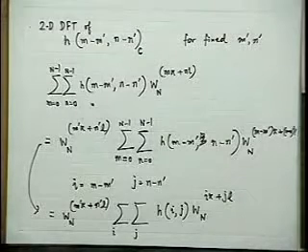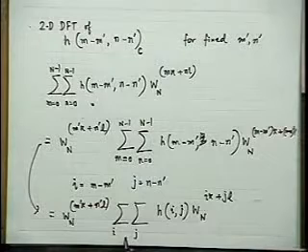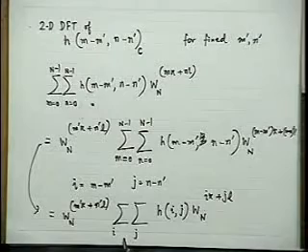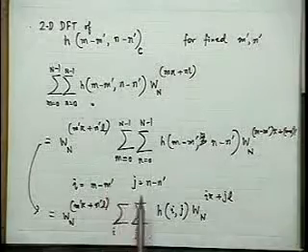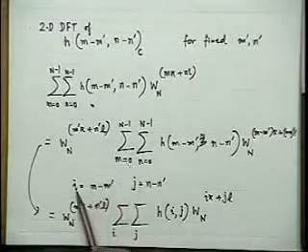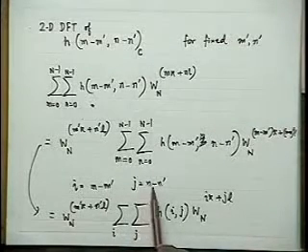Is that correct? What is going to be the limits of i and j? No, minus m prime, because I am making the substitution i equal to m minus m prime and j equal to n minus n prime, so that when m is equal to 0, i is equal to minus m prime, and j is equal to minus n prime.